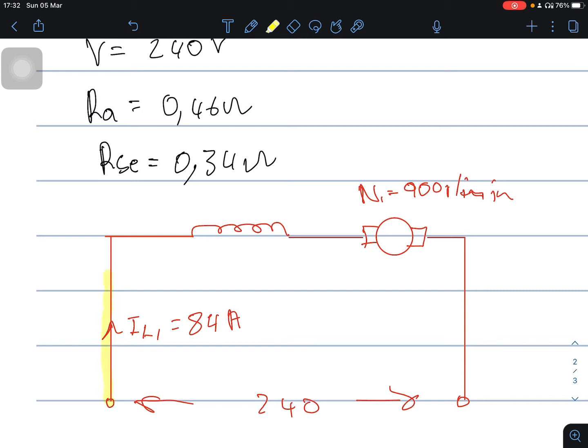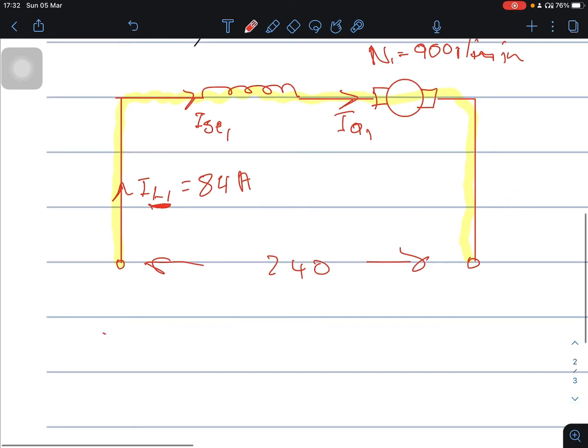There's only one route for current to flow, meaning the current flowing is I series, which equals the current flowing as I load, and also equals I armature. So we can safely say that I load 1 is equal to I series 1, which is equal to I armature 1, which is equal to 84 amps.